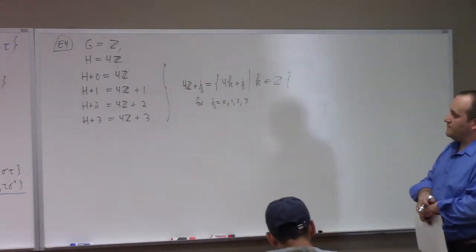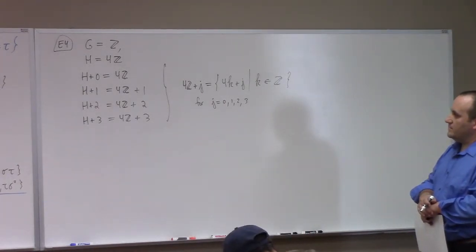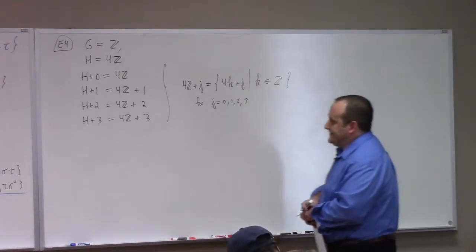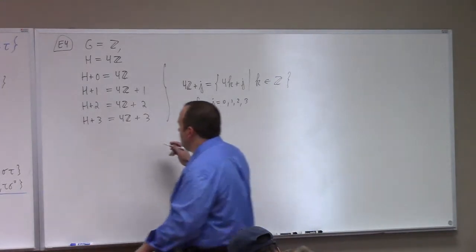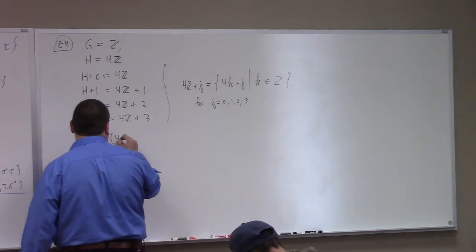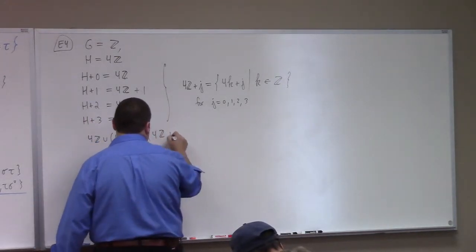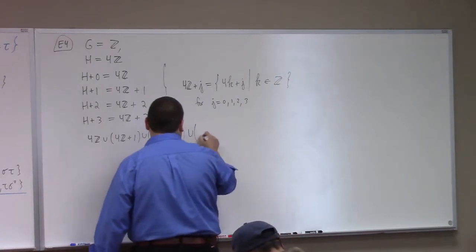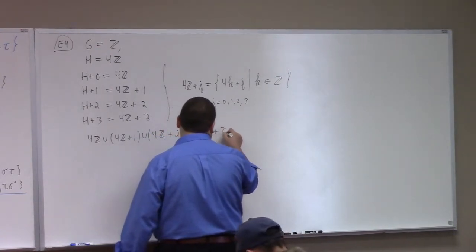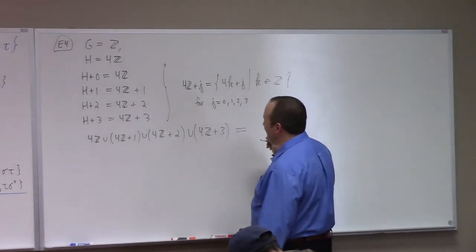So these are the right cosets of the subgroup 4Z, which you get, I guess, 4 of if you like. I think the cool thing here to notice is that if we take 4Z and we union with 4Z plus 1, and we union with 4Z plus 2, and we union with 4Z plus 3, what do we get?